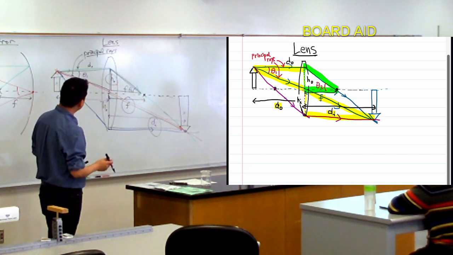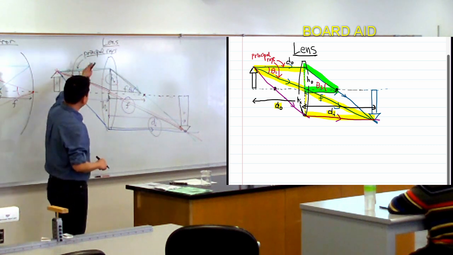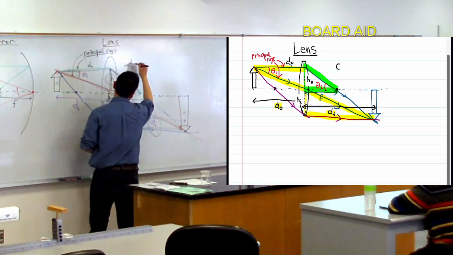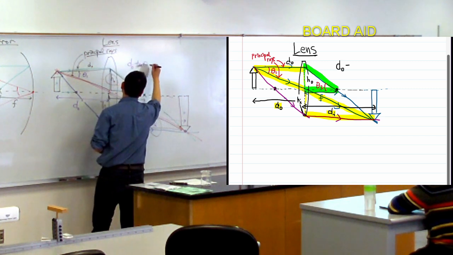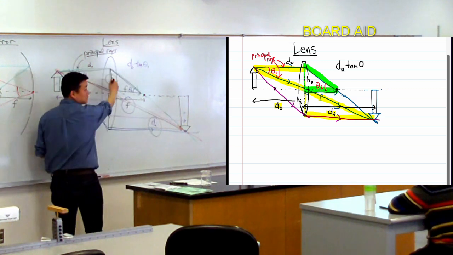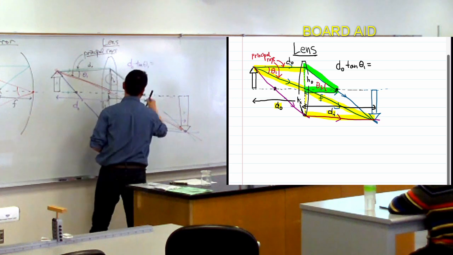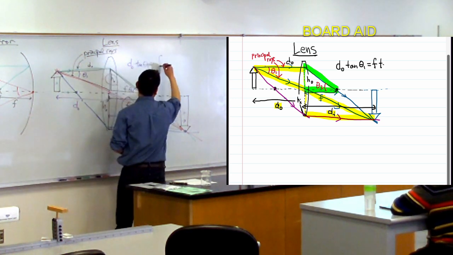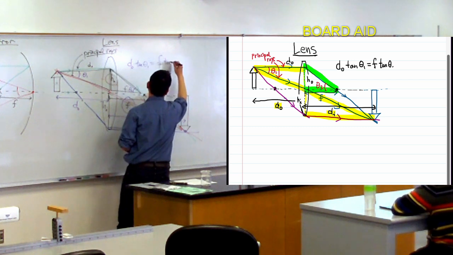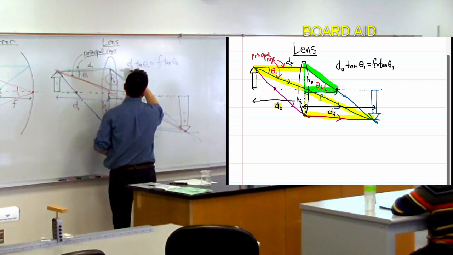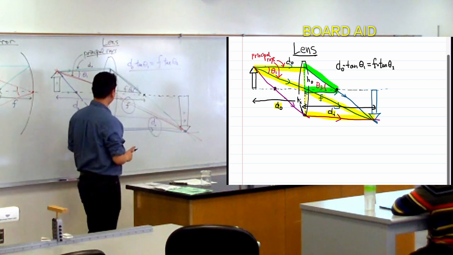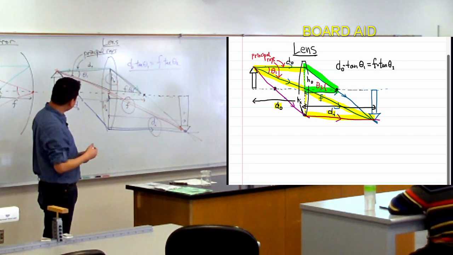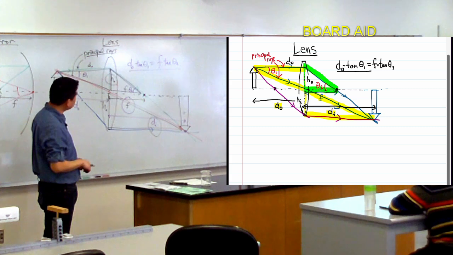So what I can say is DO times tangent of theta 1, which will give me this height here, is equal to the focal length times tangent of theta 2. All right, I have two unknowns, one equation. That's a little hopeless. So I think my goal will be trying to get rid of these angle thetas.